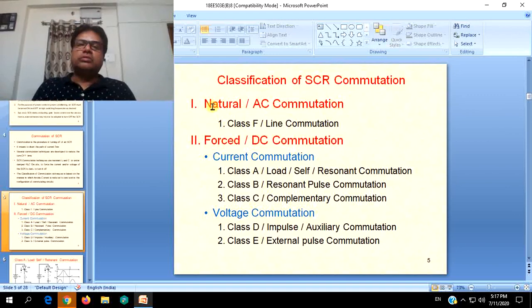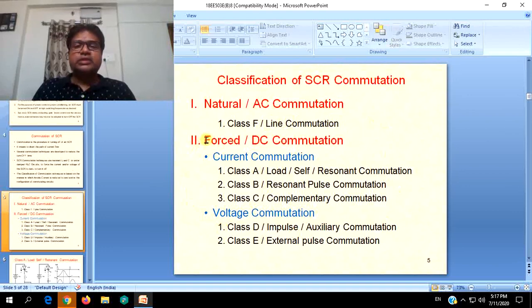This particular commutation is possible only in the case of AC circuits. And amongst all the classification, this natural or AC commutation is categorized as class F commutation and also named line commutation. Line means as the line voltage or line current changes, it will be commutated. That is why it is also called line commutation.